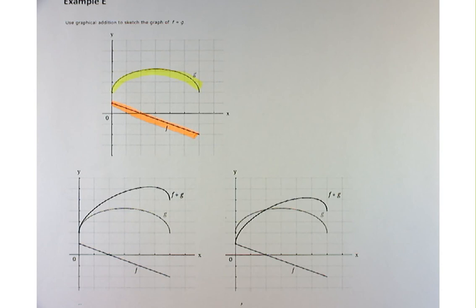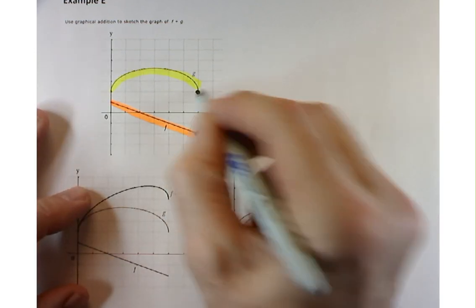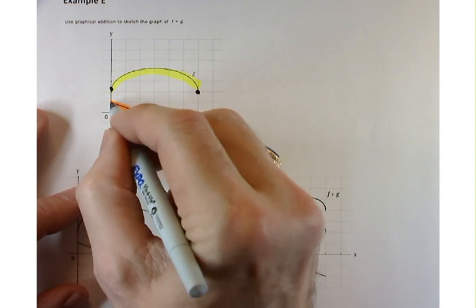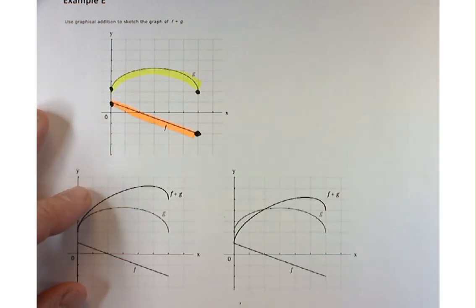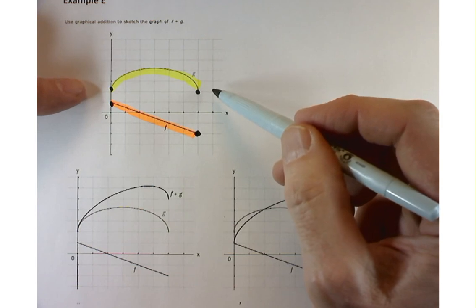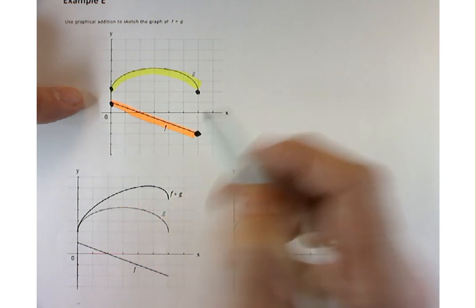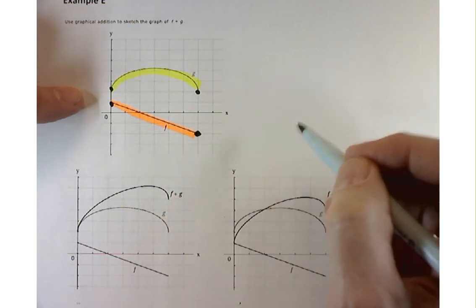What you're going to have to do to decide what this is going to look like is maybe pick a few points and add them and try and envision what it's going to be like to add up those points. So for instance, what does g of x look like at 1, 2, 3, 4, 5, 6? So what's g of 6 going to give me?